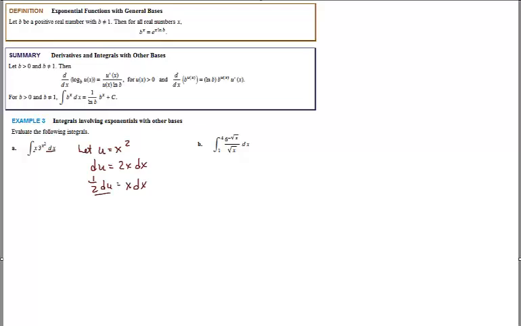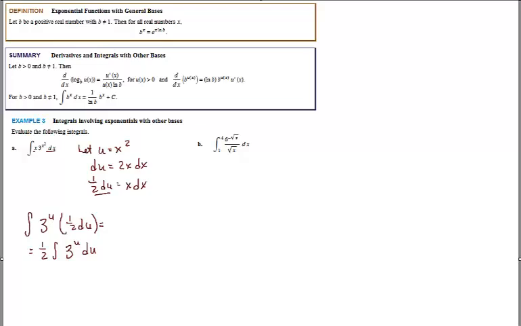I'm going to substitute this 1/2 du. So if I write that down, I'm going to have integral of 3 to the u 1/2 du. That 1/2 can go out front. It'll look a little better. So 1/2 integral of 3 to the u du.